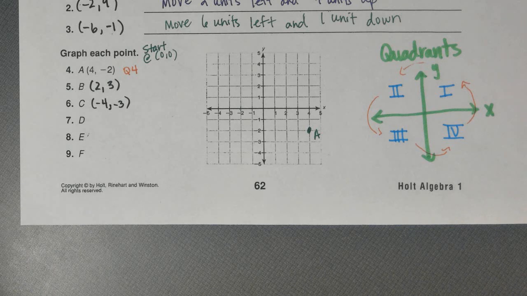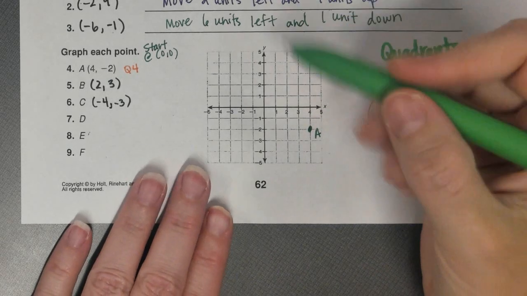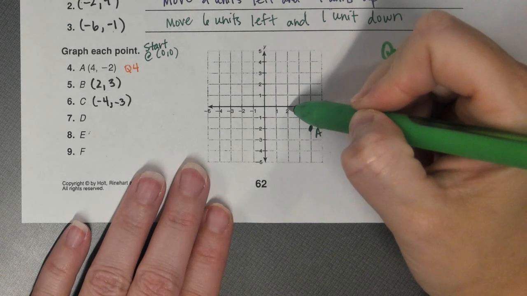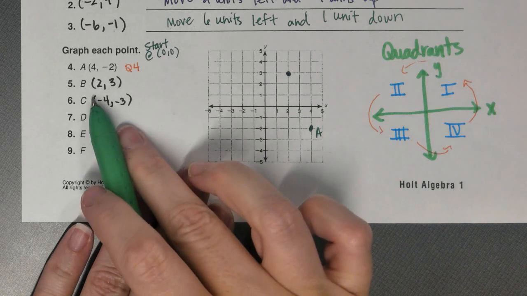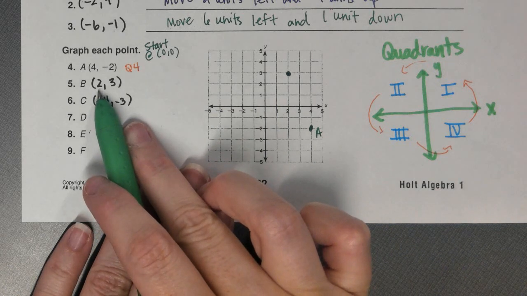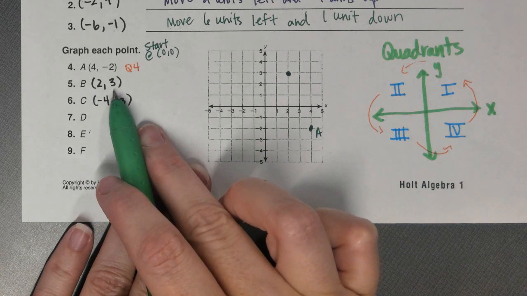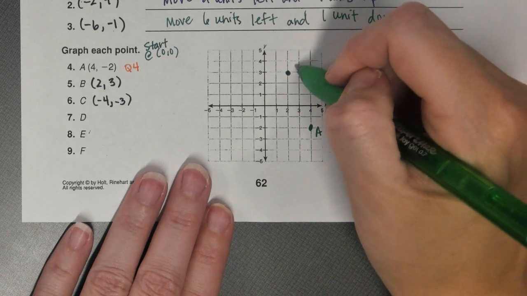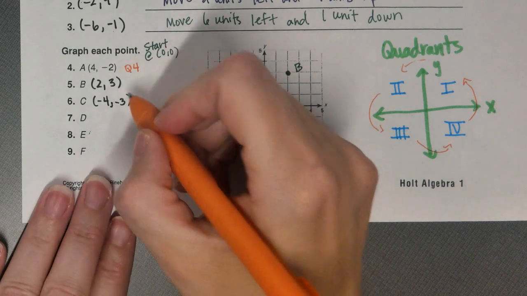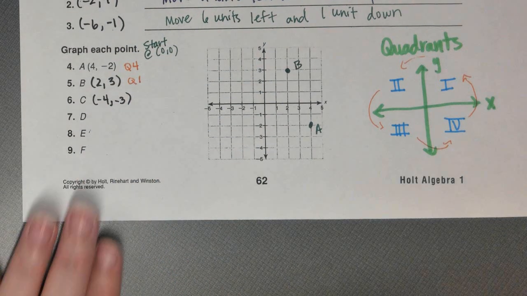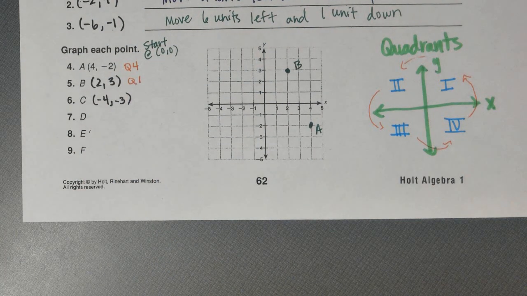Yep, you're right. Okay, so B, +2, +3. And remember, you're always doing the X one first. You have your X and then you have your Y. Okay, and then this is called B. What quadrant is that in? Yep. So I'm just going to put Q1.